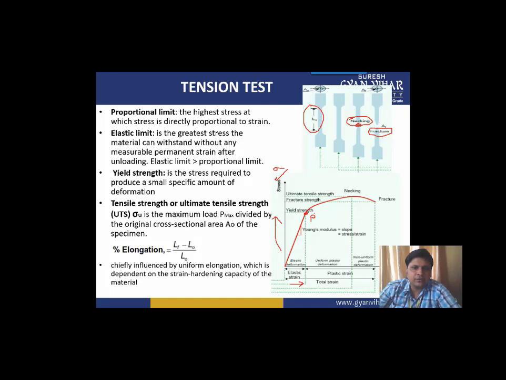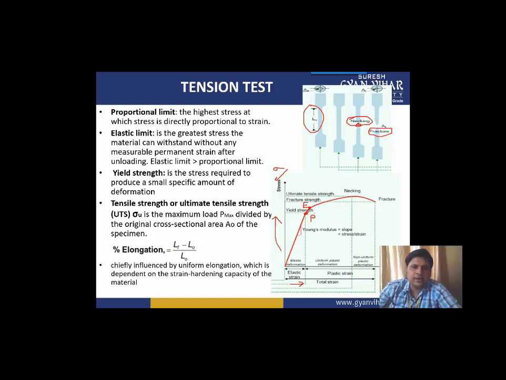Beyond the proportional limit, if you again increase the stress or load applied, the material will return to its original position to an extent, but the upper limit of this process is known as the elastic limit.